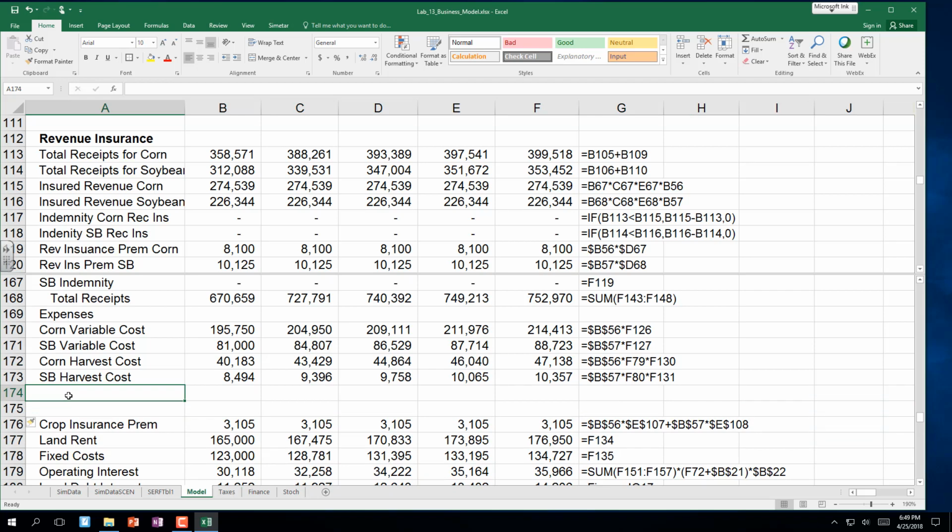And that is going to be equal to my revenue insurance premium in A119. And drag that down and across.